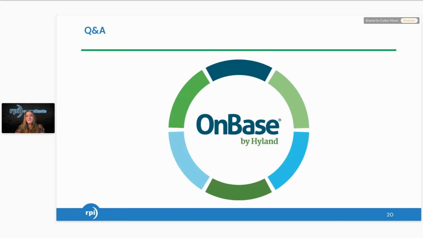Another question we have is, what are the benefits of workflow messaging versus BizTalk? So in my personal opinion, I think there are a few benefits to switching to the workflow messaging. First one being the point and click configuration.